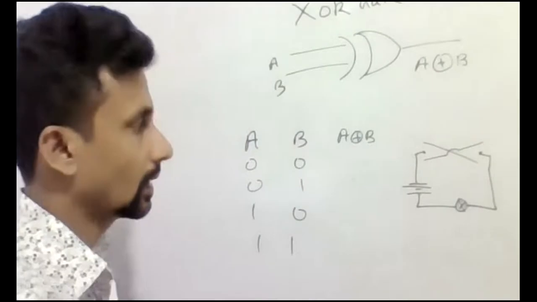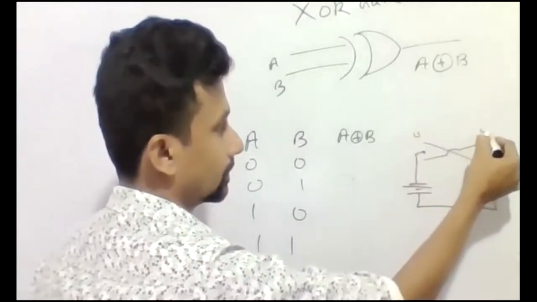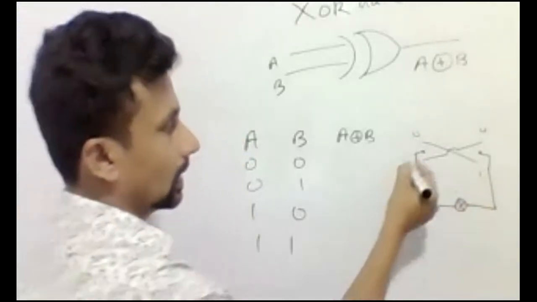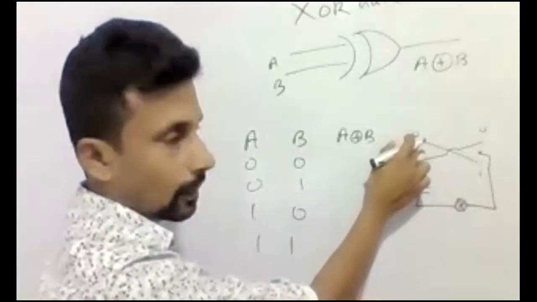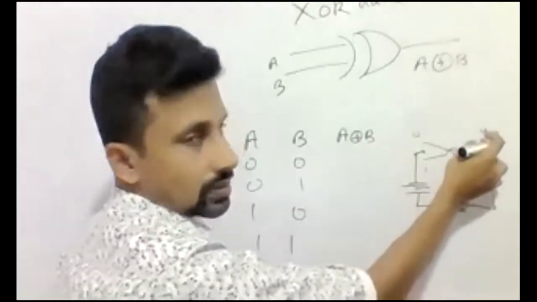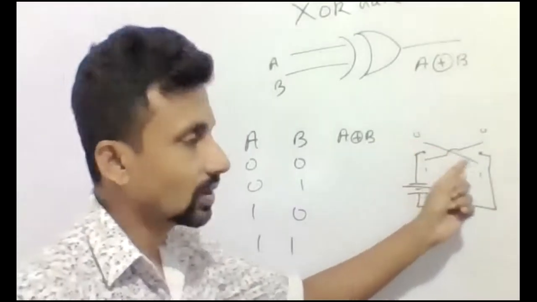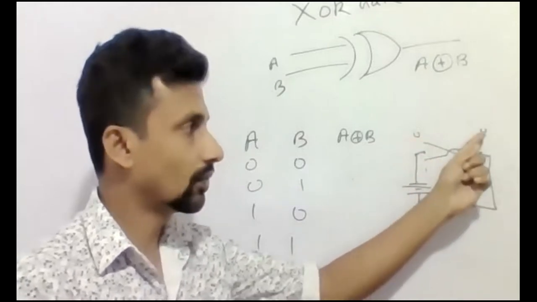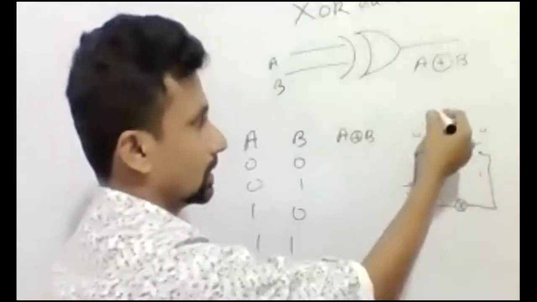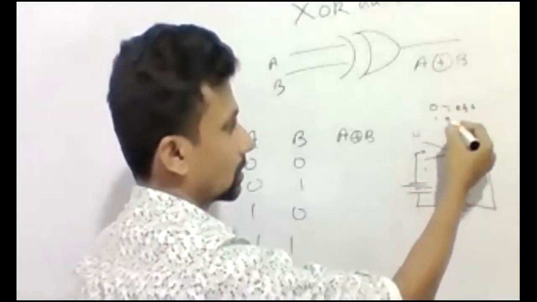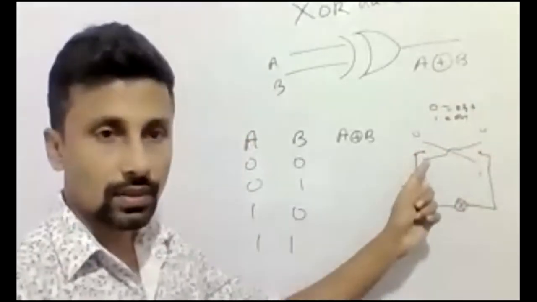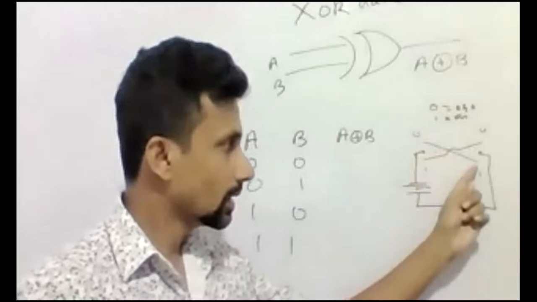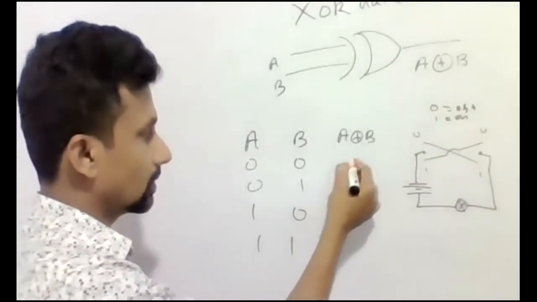This switch is either 0 or 1, that is switch off and on. If you put this switch to 0, and the other switch also to 0, the circuit is not connecting, because both switches are 0, or off. 0 I take as off, 1 is on, right? If both switches connect to the 0 side, this circuit is not completed, so you get 0.